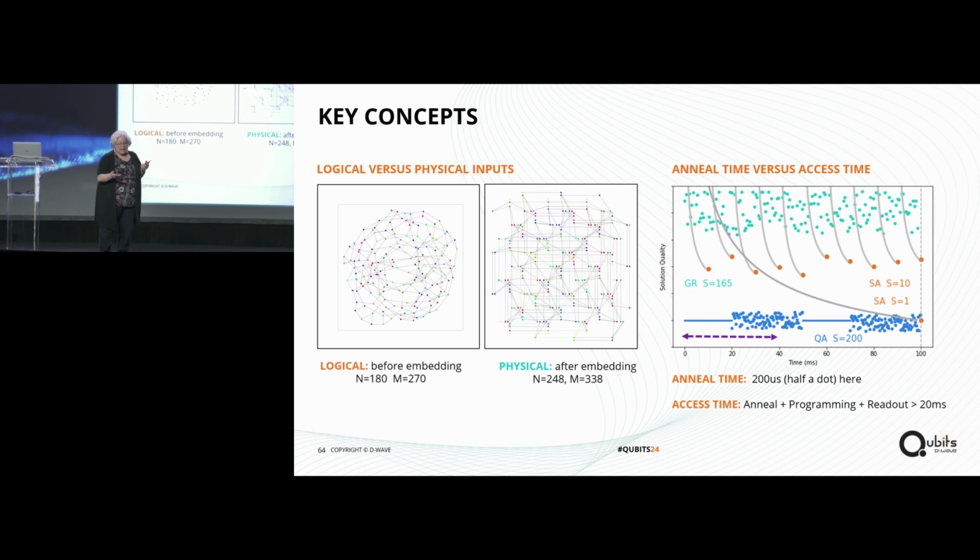And if I had an anneal time of 20 microseconds instead of 200, it would only be 4 milliseconds, so that line would move way over. And if I had an anneal time of 2 microseconds, which is possible, the total runtime would be 0.2 milliseconds, and indistinguishable from 0 on this scale. So anneal time versus access time makes a big difference to your perception of the computation time.